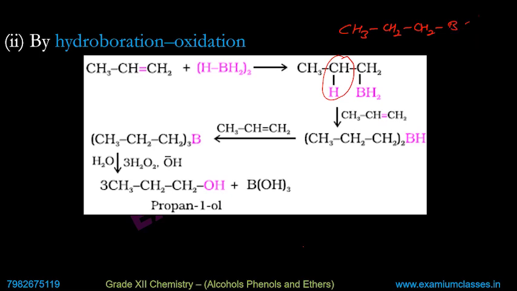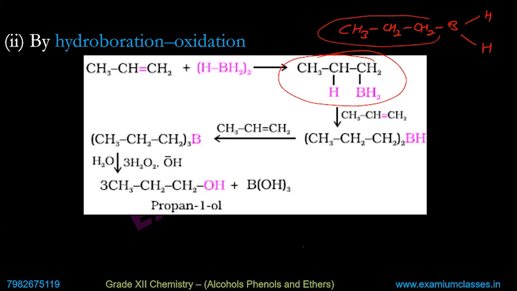I write it like BHH. It means boron now has three arms. I have just rearranged this one. Okay. Boron has a propyl group and two hydrogens attached.